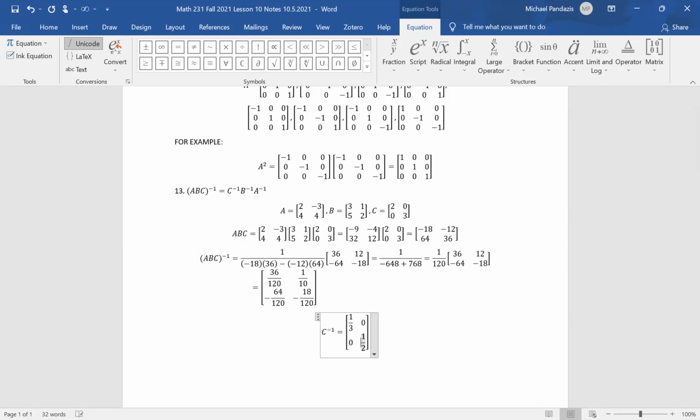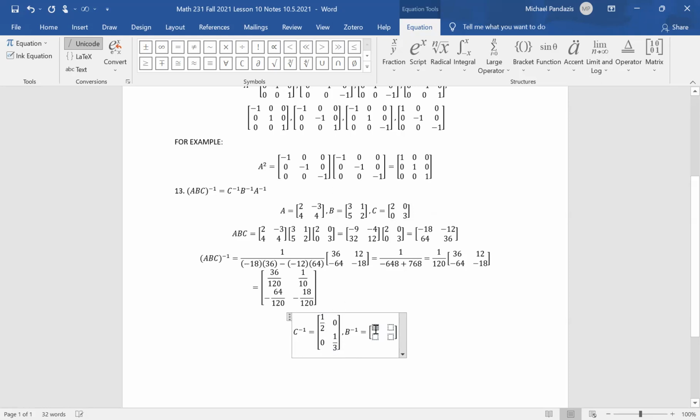That's C inverse. And then B inverse is equal to, okay, so 6 minus 5 is 1 over 1. Oh, wait, sorry. You switch, this is a 1/2 here, and that's a 1/3.